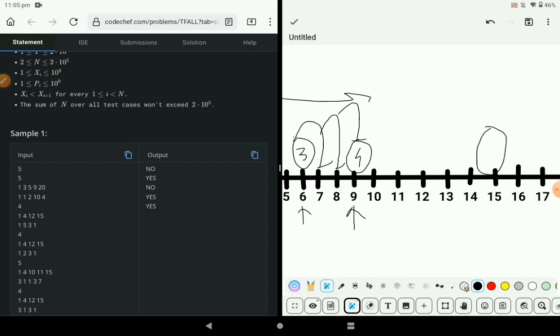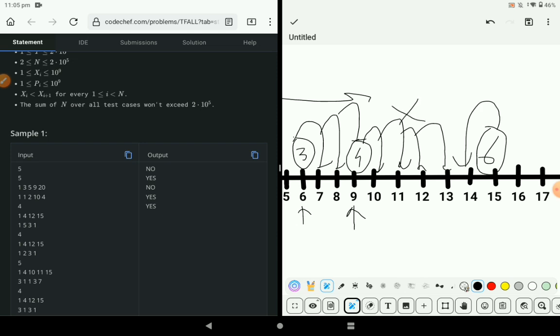Now we have been given a third ball at index 15. As we can see, the second ball can move only 4 positions, so it is not able to activate it.